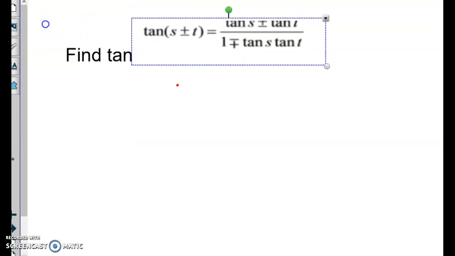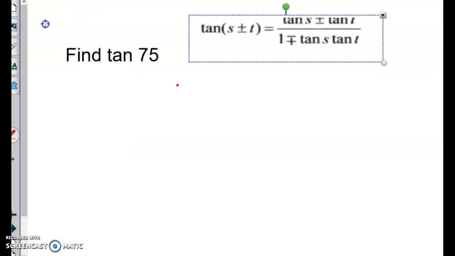There it is. All right. So there's my formula, and I'm probably going to do this one a couple of methods just for the fun of it. Let's take a look.